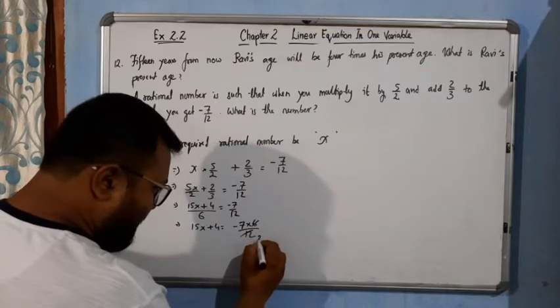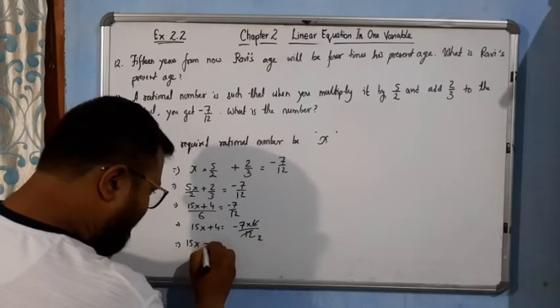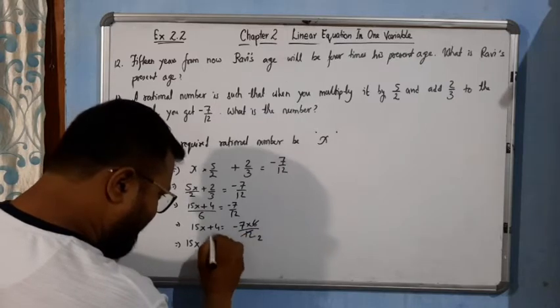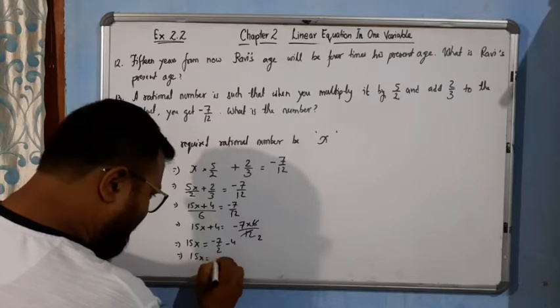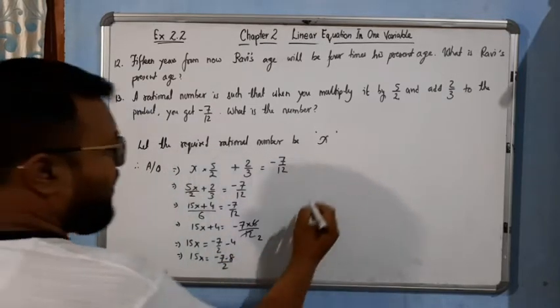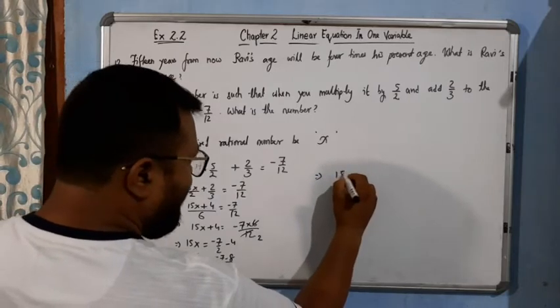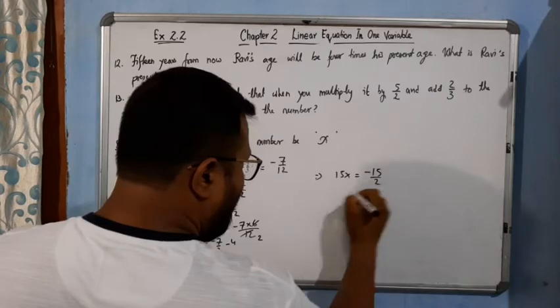Let's cancel it out, so 2 we will write. So 15x equal to minus 7 by 2 and the 4 will come here as minus 4. So 15x equal to minus 7 minus 8 by 2. Now this implies that 15x equal to minus 15 by 2.